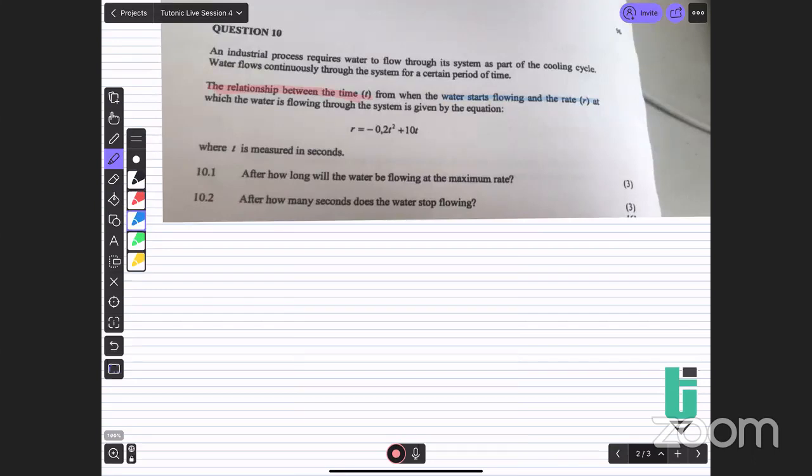R is the rate and T is the time. So it's very important to understand what the equation actually means. If I sub in a particular time value, this equation will tell me the rate of flow at that time. Do you guys see that? Yes. So that's why it's always important to understand the equations.